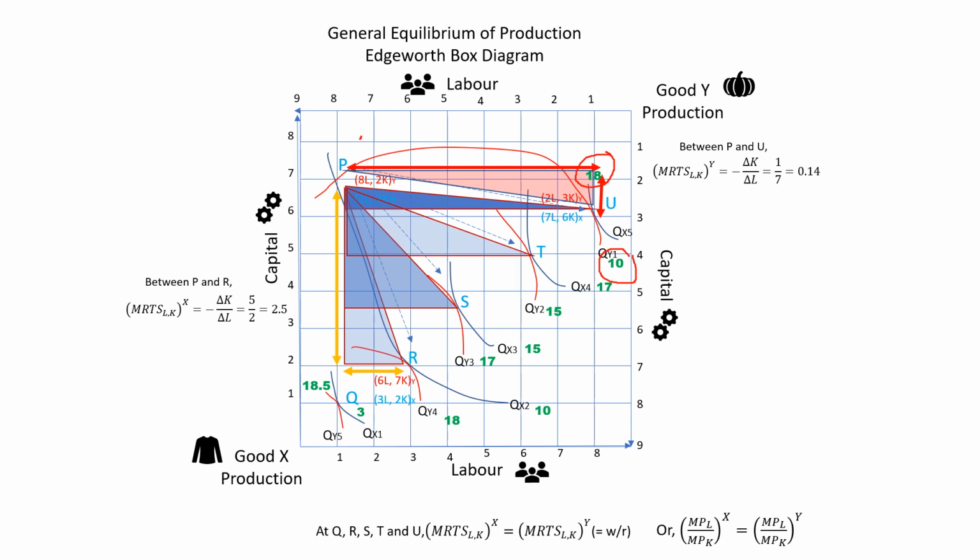So he's sacrificing 7 units of labor and he's only getting 1 unit of capital in return for 7 units of labor. So that is one possibility.